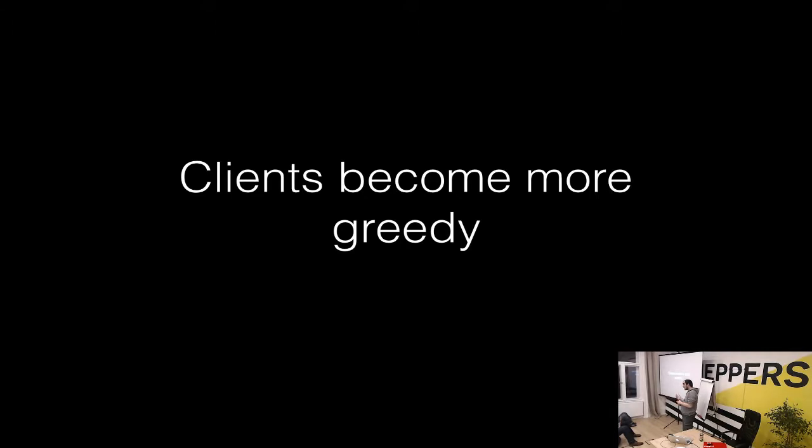So they become more greedy. And after fixing their really important problems, like using a subdomain, they started to dig deeper and find more problems, resulting in more requests. So they came up with questions like, why is this page displayed on this path?